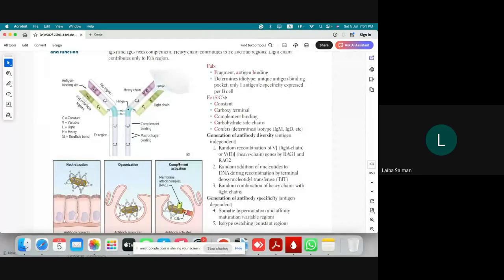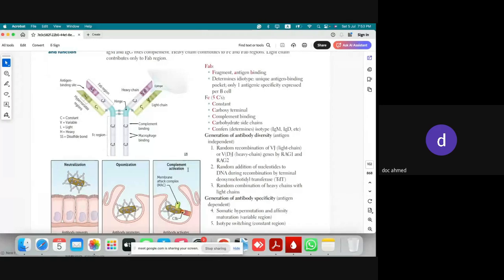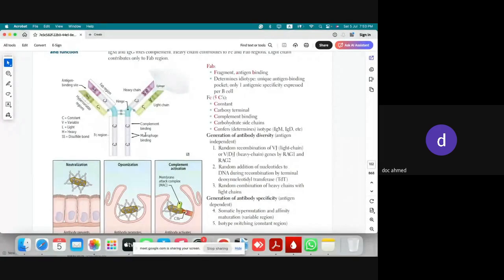Remember, this variable site basically has three genes: one, two, three genes. For example, if a pathogen or an antigen from outside comes into your body and it has three, one, two on its surface, what is your variable region going to do?